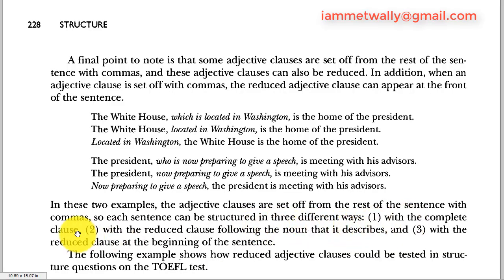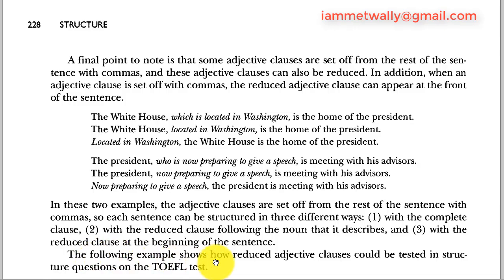With the complete clause, like the first one here, nothing happened. 2. With the reduced clause following the noun that is described as usual, like the second one here, the president now preparing to give a speech is meeting with advisors. I just reduced who and verb to be. Or 3. With the reduced clause at the beginning of the sentence, like number 3 here. This is the reduced clause and I changed its position and put it at the beginning.